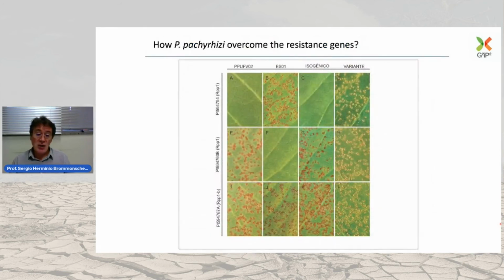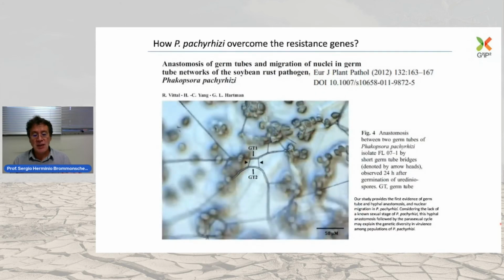So we have a collection of different isolates that we can now profit from with this reference genome. We can now look for genes or changes that are involved in overcoming the resistance provided by RPP genes, and also understand other mechanisms that Phakopsora can use to overcome disease resistance.